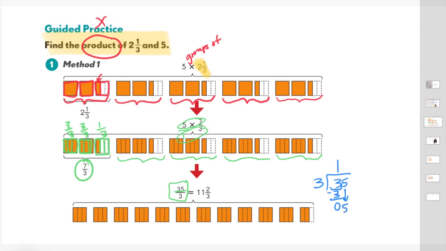Subtract, I have nothing left over. Bring down my 5. 1 times 3 is 3. Subtract, I get 2 left over. So the leftover part becomes my numerator, and my divisor becomes my denominator. So we would get 11 2/3.